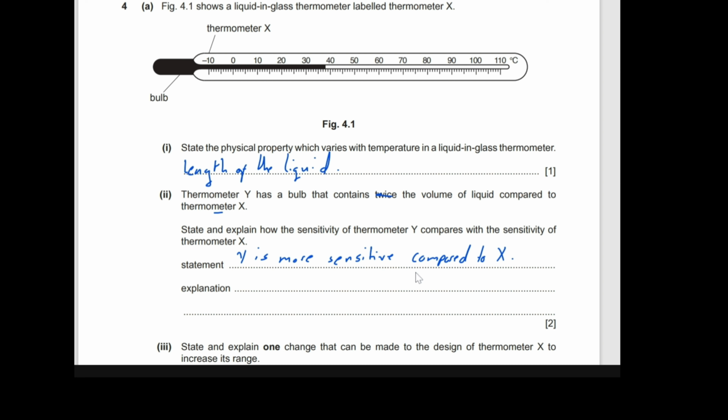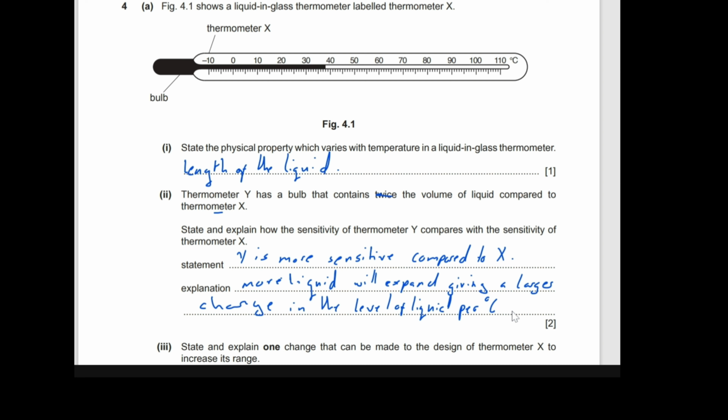More liquid will expand, giving a larger change in the level of the liquid per unit temperature.